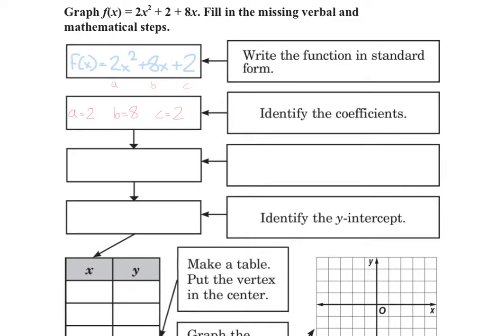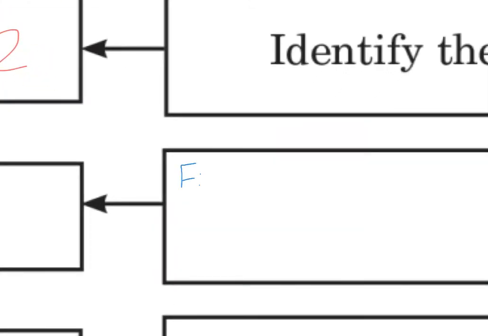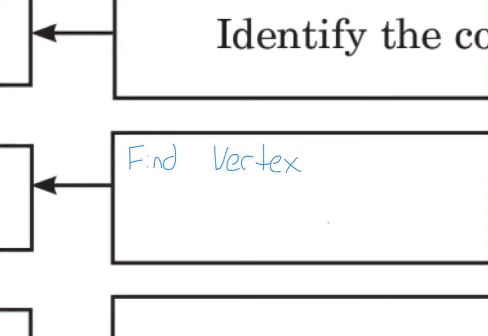So here's what we'll use them for. We just discussed on the previous page that the vertex is the center point of the quadratic. So that means the vertex is going to be very important for us to find. All right, and here's how we're going to do it.